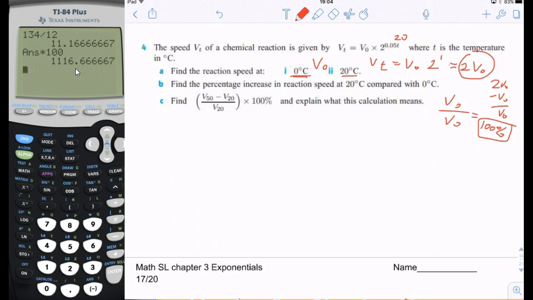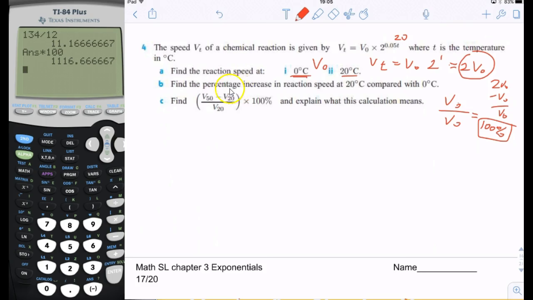Last of all, we're going to do part C. We're going to find v50 minus v20 and divide by v20 and multiply by 100%, and we're going to explain what this calculation means. Well, remember, when the denominator is a certain amount, that's what we consider the original amount. And then the difference between the original amount and the new amount, like v50 minus v20, that is an increase, okay?